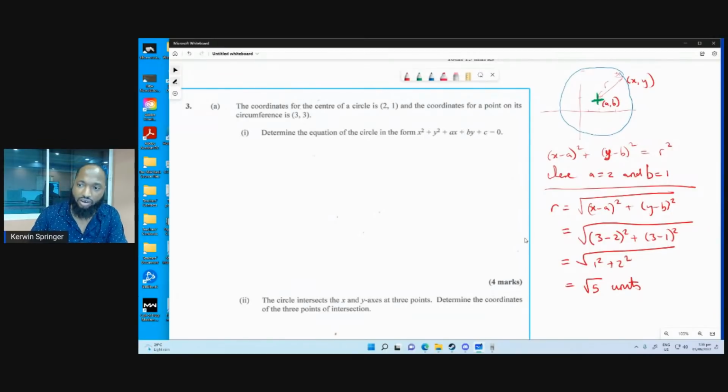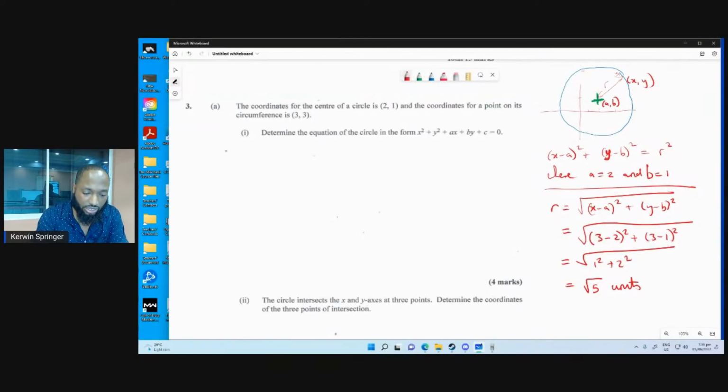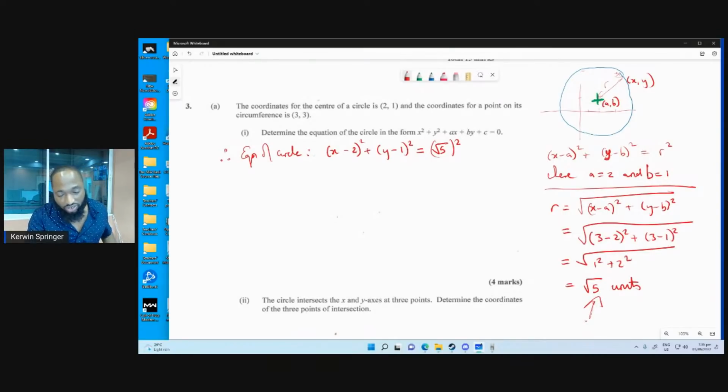So we have R and we have A and B. So now we could just say, therefore, the equation of circle and any right line would be (x minus 2) squared plus (y minus 1) squared is equal to the root of 5 squared. Notice how I didn't bother to change this into decimal because I'm going to square it anyhow.